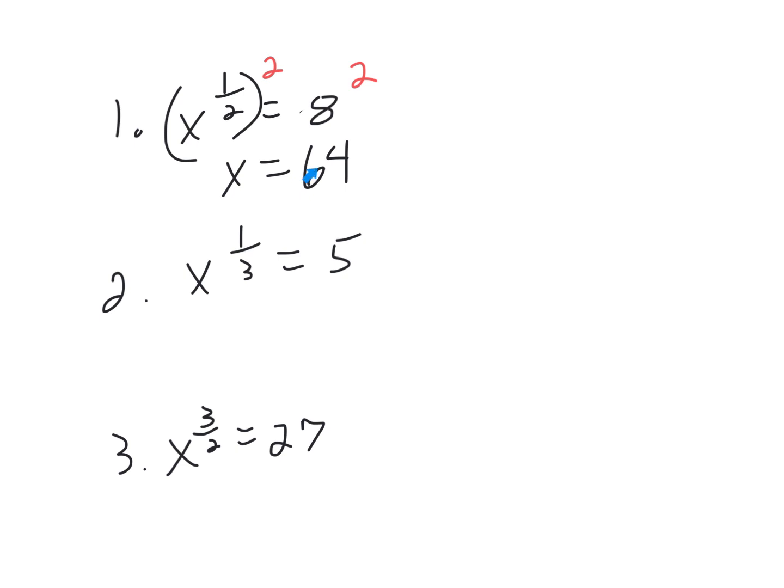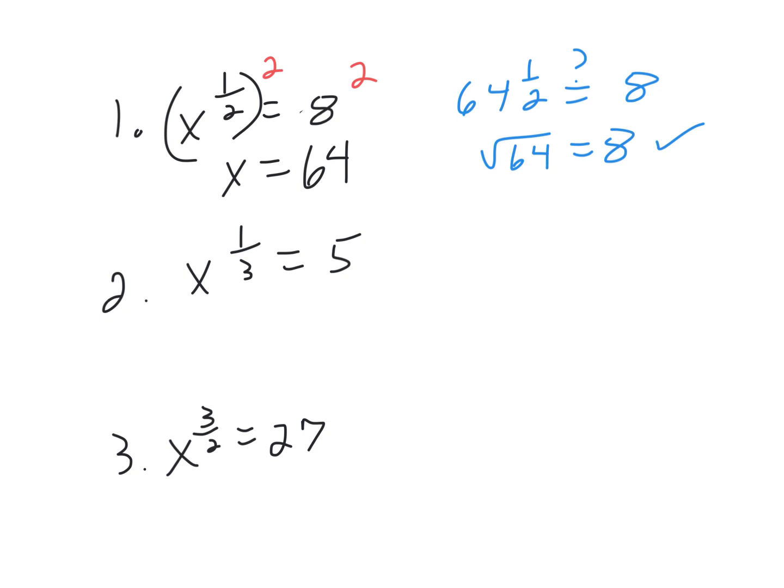And if you wanted to check your work, you'd plug 64 in here, and it says 64 to the 1/2, and you're checking, does it equal 8? Well, I just showed you that 64 to the 1/2 is the same as the square root of 64. And the square root of 64 is 8, and it checks.